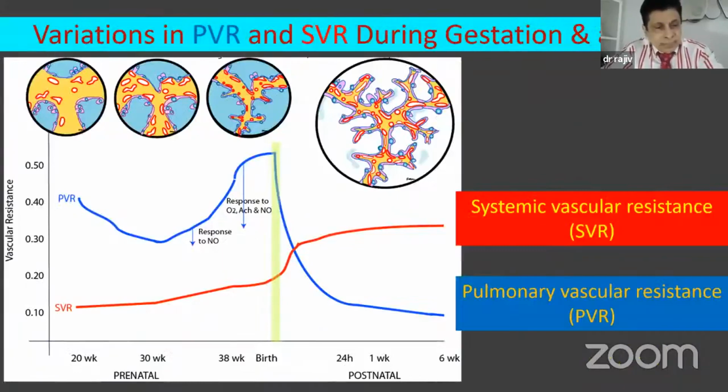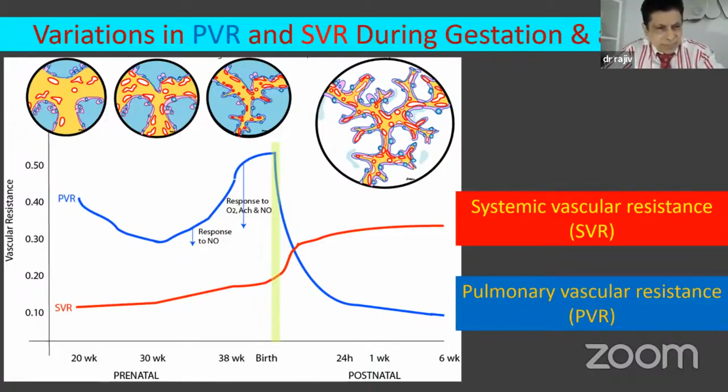Now, what we should know is that when we assess by Doppler and echo, we should know the normal values of the pulmonary vascular resistance and systemic vascular resistance with age, so that once we have the background data, we are able to assess that the pulmonary vascular resistance is increased.